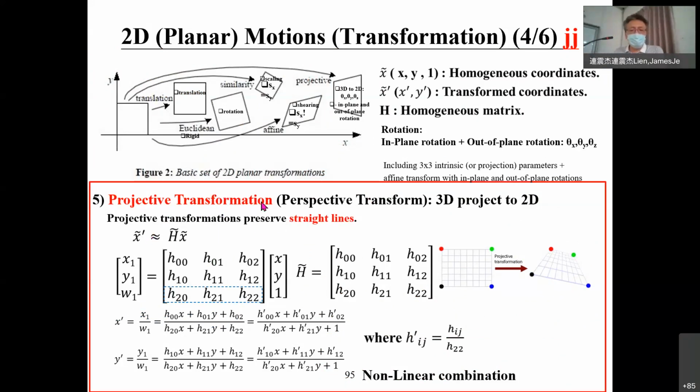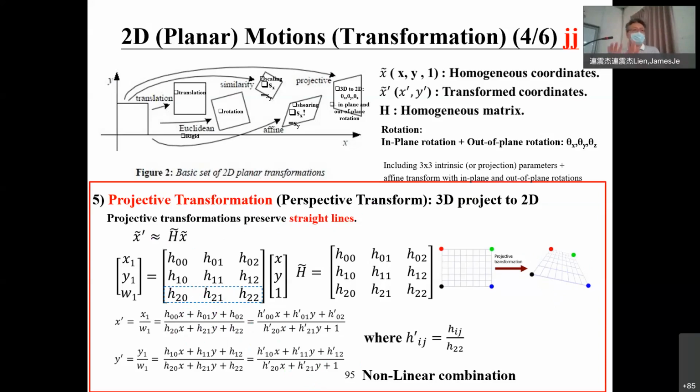Perspective transform will deform. So they have a denominator term. So both these terms are not 0. 它有分母的 term. So it's a nonlinear transform. So affine transform is a linear transform. Perspective projection is a nonlinear transform.